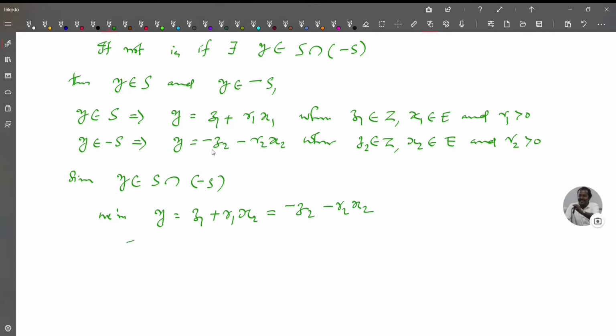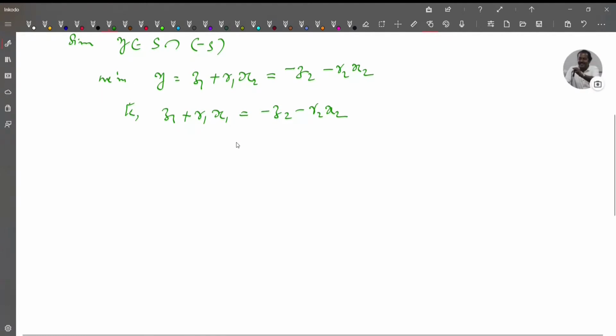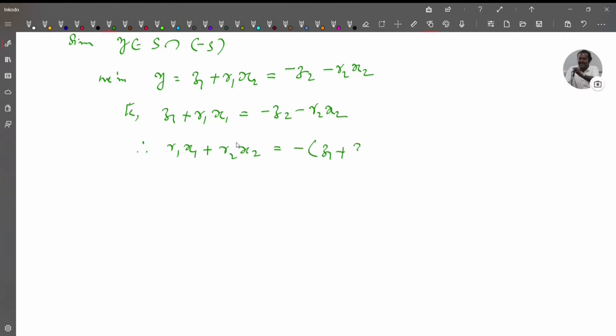That is, Z1 plus R1 X1 equal to minus Z2 minus R2 X2. Therefore, R1 X1 plus R2 X2 is equal to minus Z1 plus Z2. Now dividing by R1 plus R2, this is possible because R1 and R2 are positive.